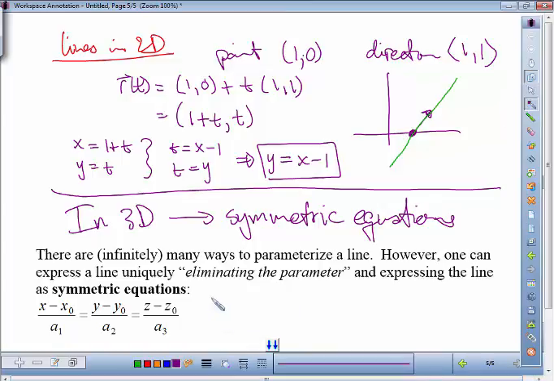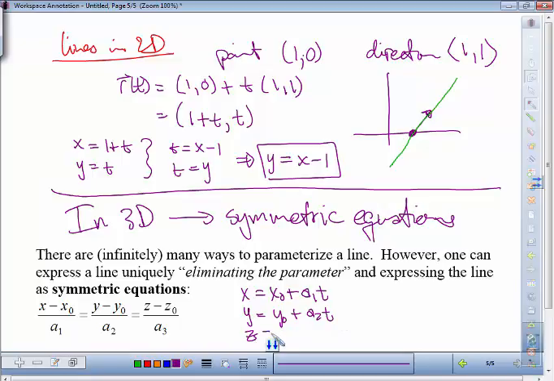So if you imagine coming from x is equal to x naught plus a1 times t, y is equal to y naught plus a2 times t, and z is equal to z naught plus a3 times t. If you solve for t for each one of them, and then set them all equal to each other, this is what you're going to get.